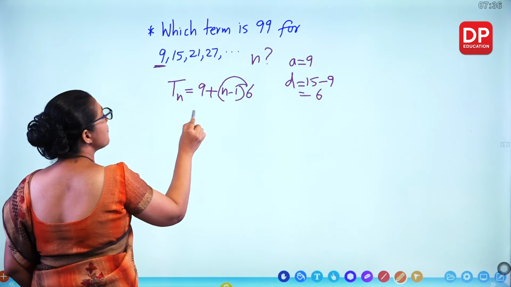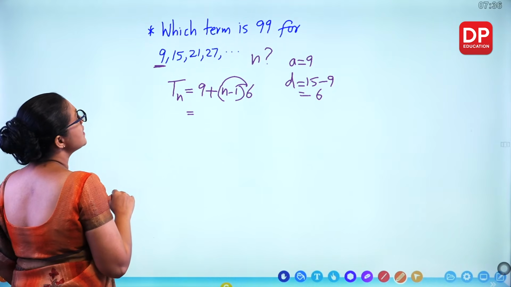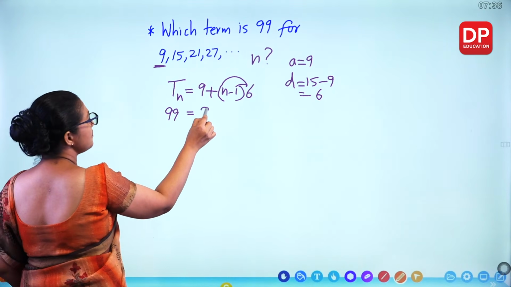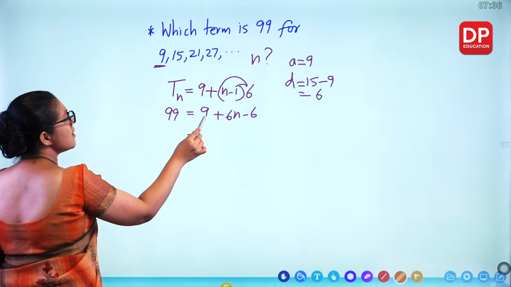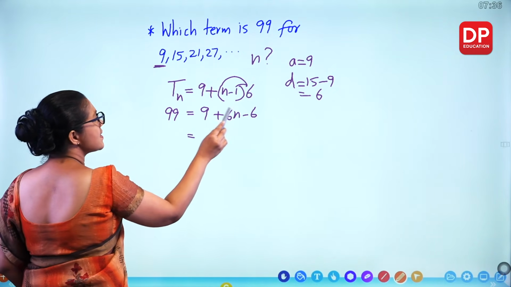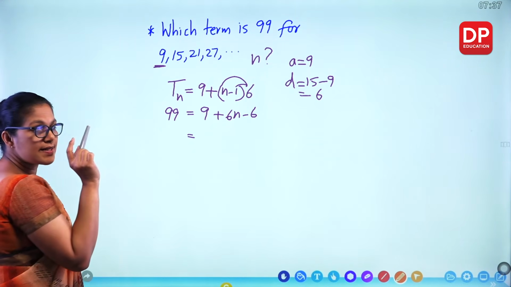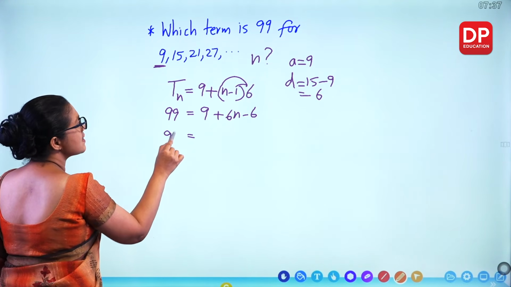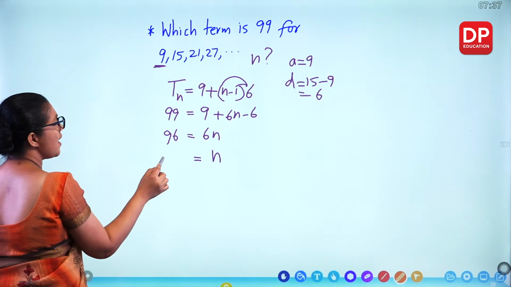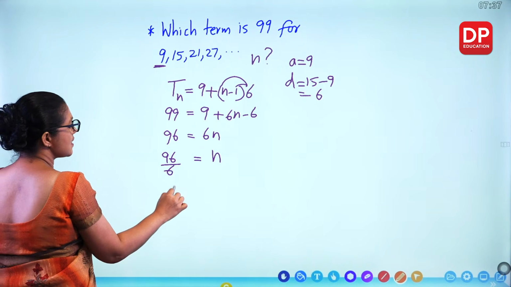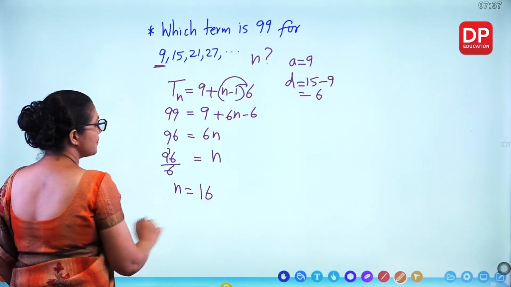Open brackets, and here substitute the nth term as well. The nth term is 99. 6n minus 6. Now simplify. 9 minus 6 is 3. When you take it to the other side, 99 minus 3, you get 96. 96 is 6n. So what's the n value? Divide by 6. So n becomes 16.